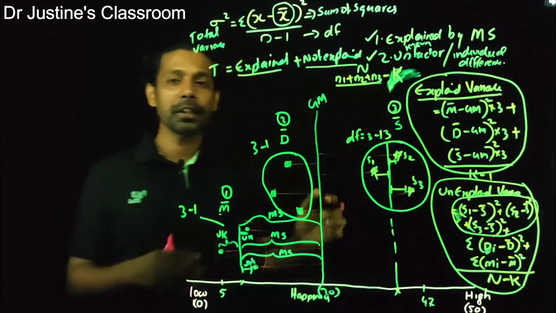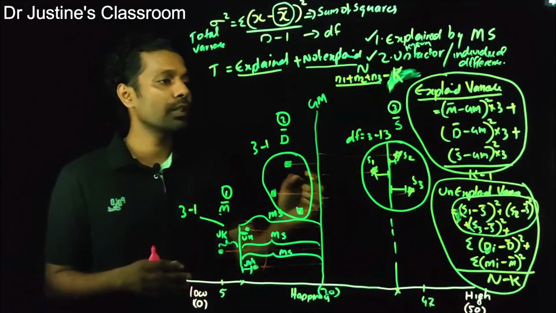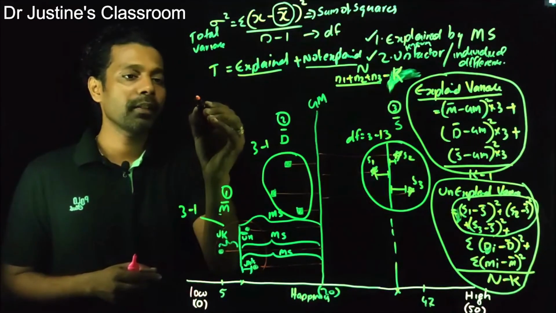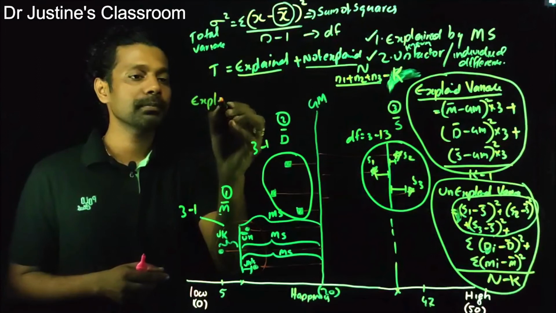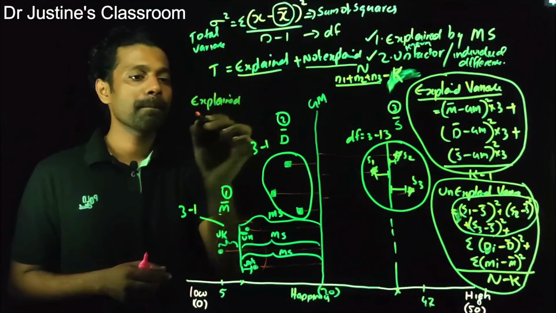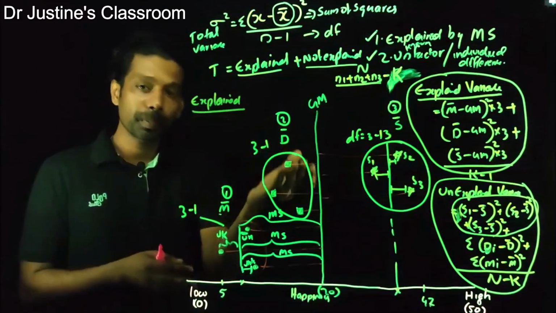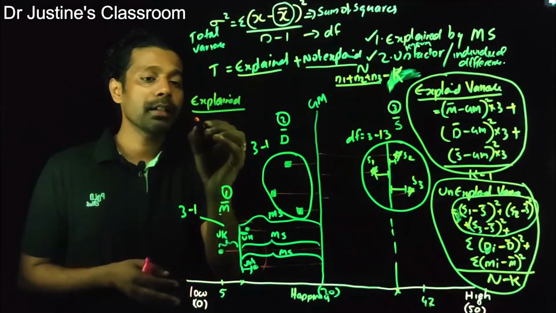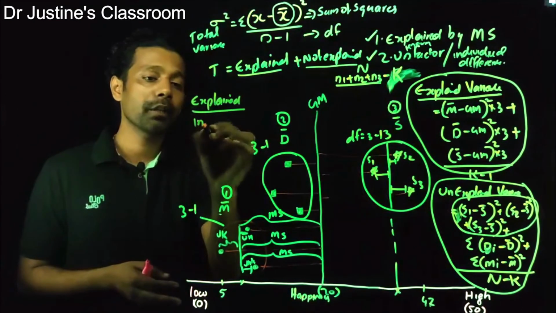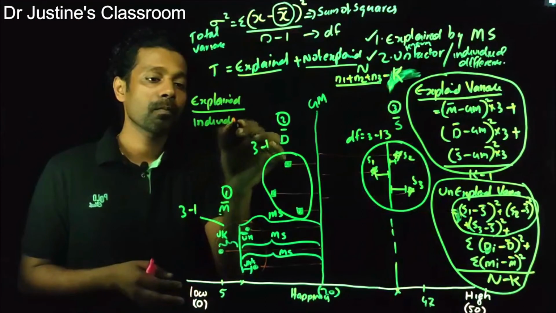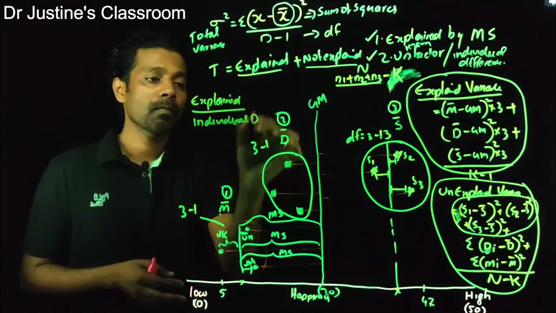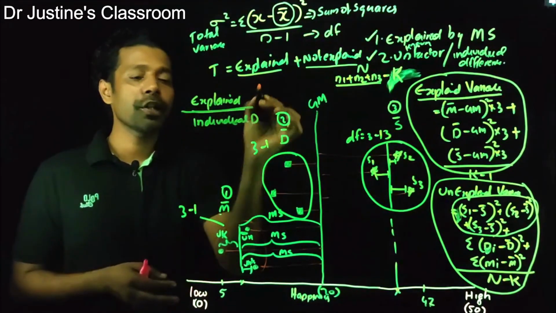Now the question: what if I find out the ratio of the scores, the factor explained by marital status and the unexplained, or individual differences?